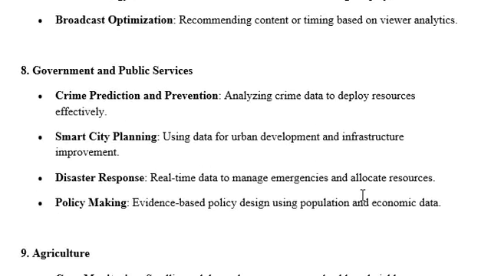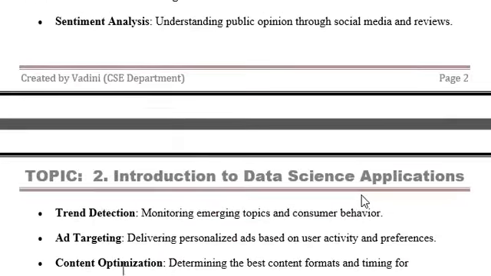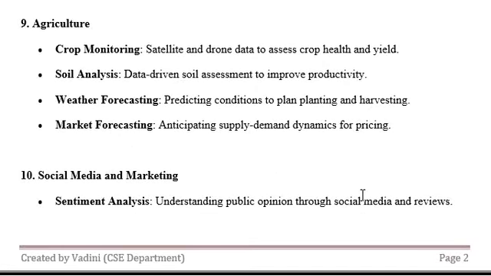So there are many applications, many fields where data science is used. This is also very important nowadays: government and public services, where crime prevention, smart city planning, disaster response, and policy making are done. Then agriculture, where crop monitoring, soil analysis, weather forecasting, and market forecasting are used.